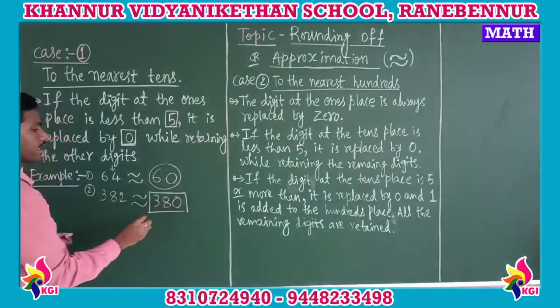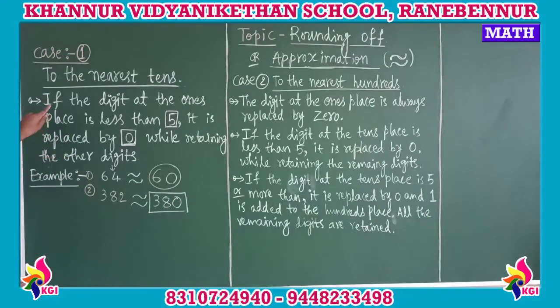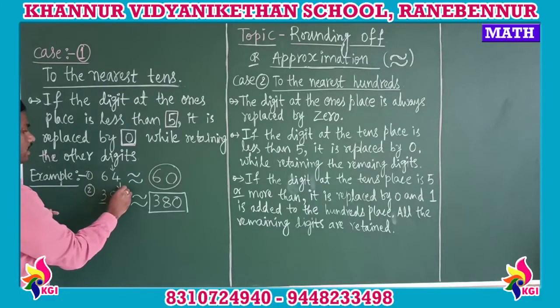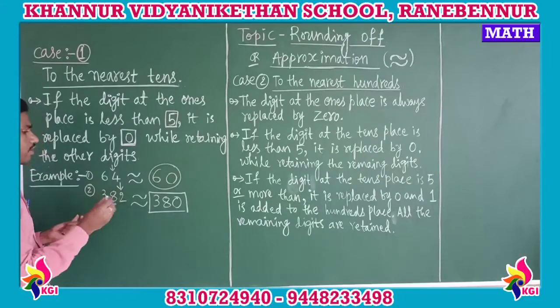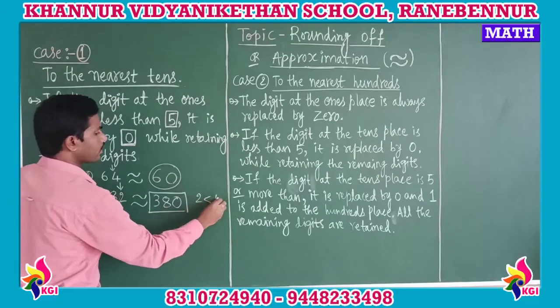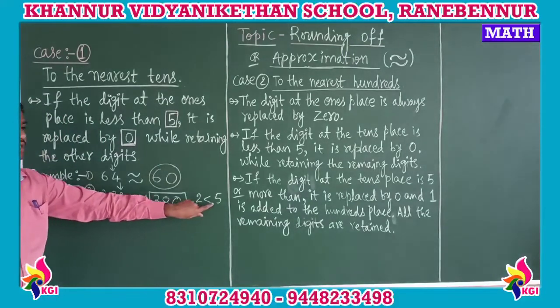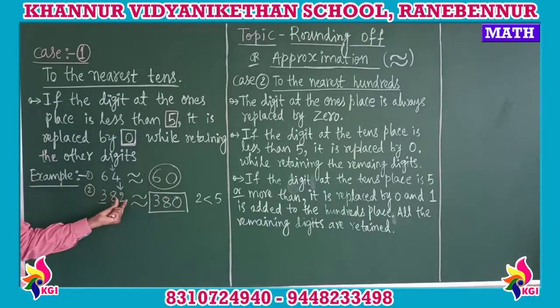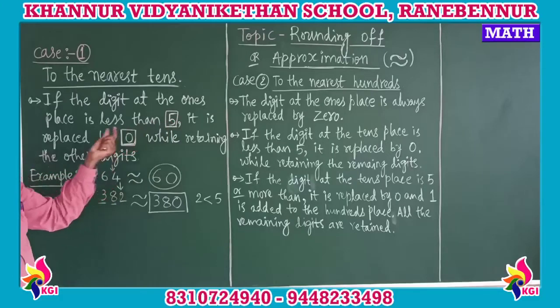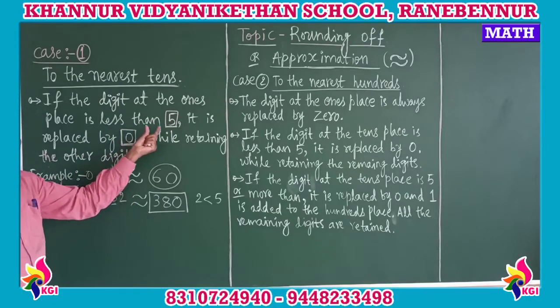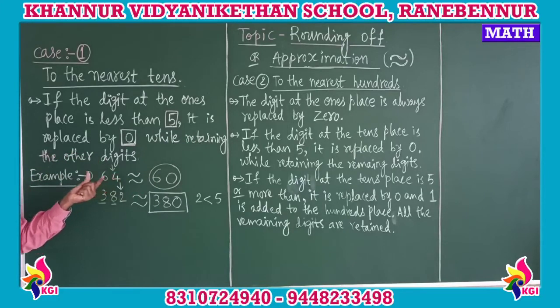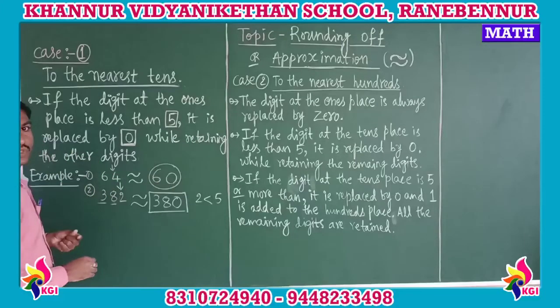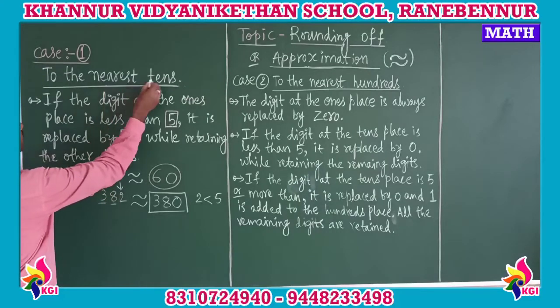The condition is that you don't see the tens and hundreds places, just the ones place. In the ones place, the number is less than 5, so 2 is less than 5. That's why you replace it by 0, while retaining the other digits. So 380 is the rounding off to the nearest tens.